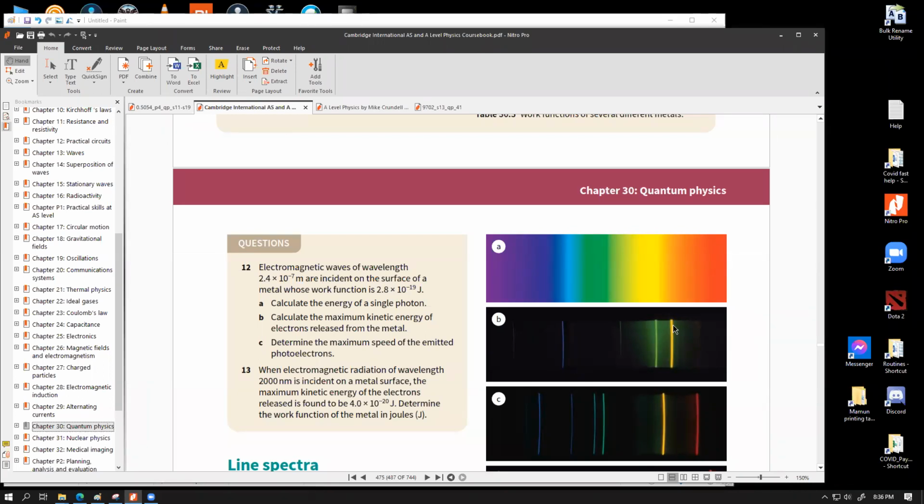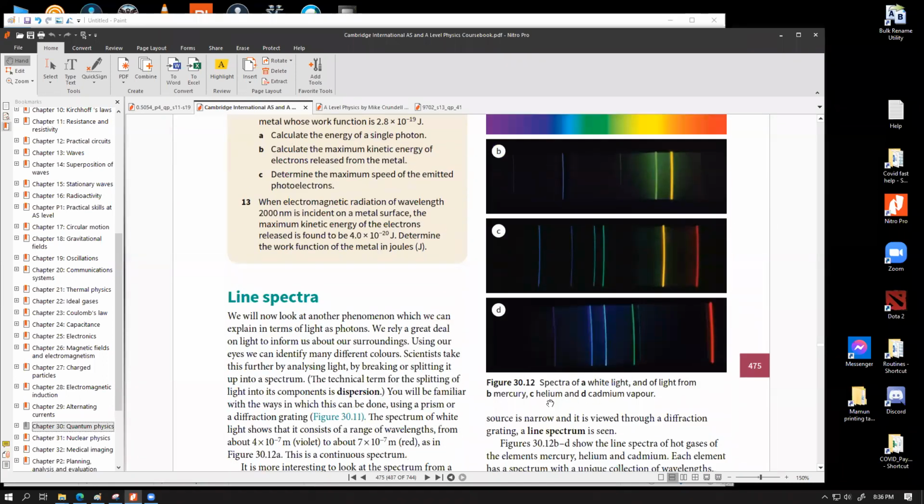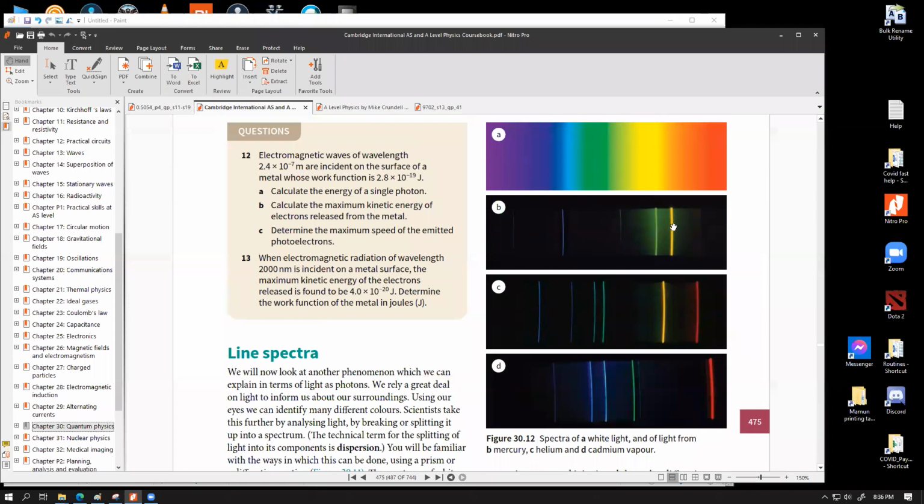So most electrons made that jump. For example, over here, this yellow line is really bright, which means a significantly large number of electrons for the mercury atom made this jump in their coming downwards. Very few of them made this, a bit bigger number made this, even a smaller number made this.